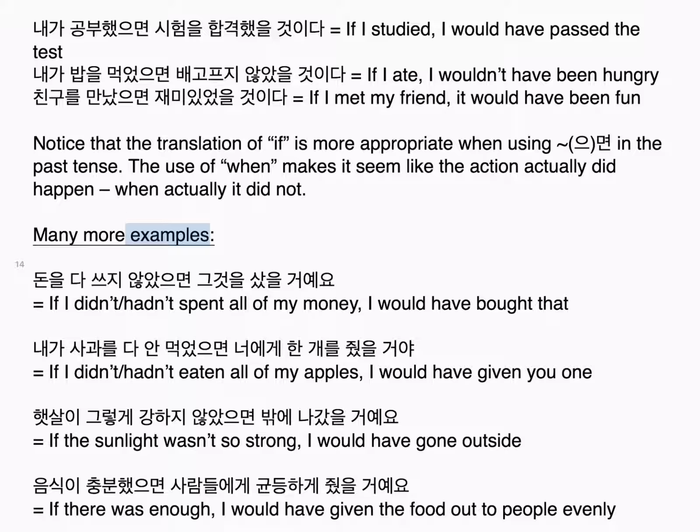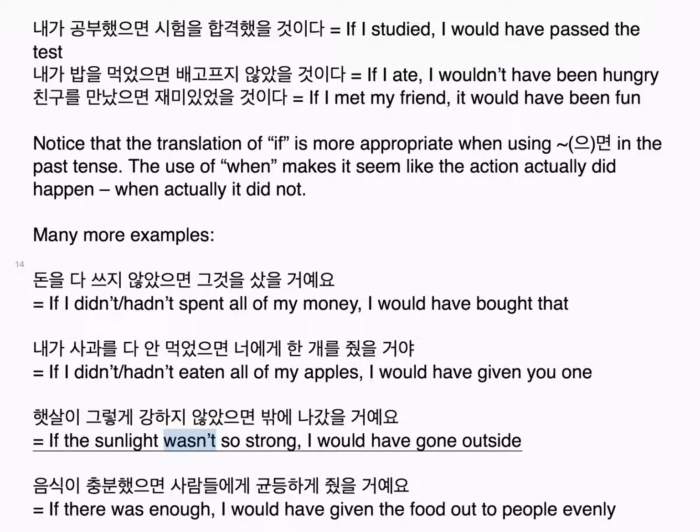Many more examples. 돈을 다 쓰지 않았으면 그것을 샀을 거예요. If I hadn't spent all of my money, I would have bought that. 내가 사과를 다 안 먹었으면 너에게 한 개를 줬을 거야. If I hadn't eaten all of my apples, I would have given you one. 햇살이 그렇게 강하지 않았으면 밖에 나갔을 거예요.